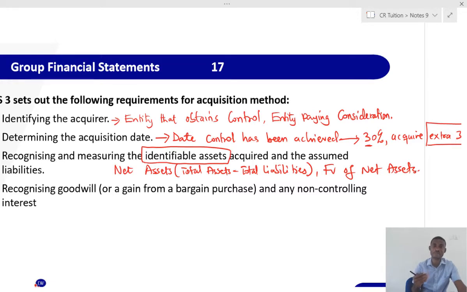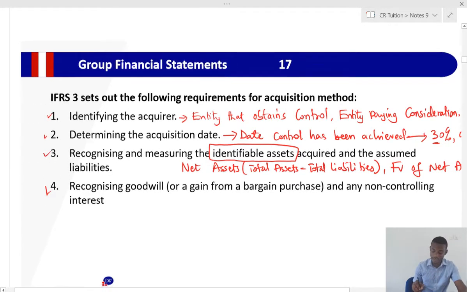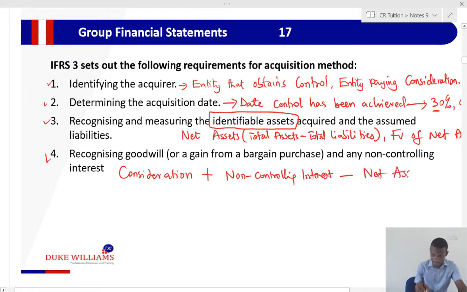Please, very important principle. Now, the last part is that we have to recognize goodwill. And as we are aware, goodwill is the difference between the consideration plus non-controlling interest, if any, NCI, less net assets, the fair value of net assets, and this will be equal to goodwill.